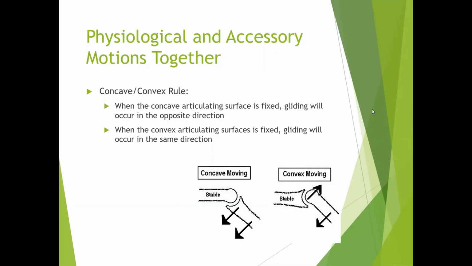So again, I switched them, and apologies for this because I just switched it whenever I was reading it. Let's go through it again. So when the concave articulating surface is fixed, so it's not moving, gliding will occur in an opposite direction. Why?